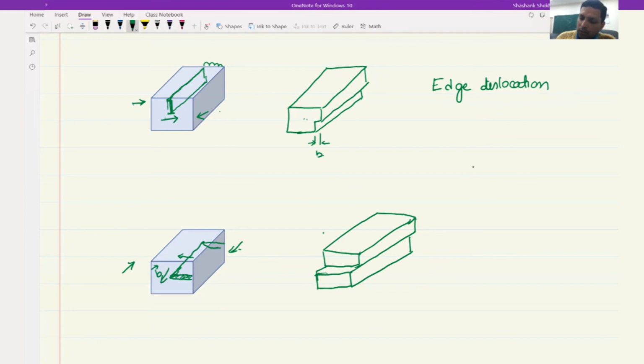So here, this is where the slip has taken place, and here this is the Burgers vector, equal to the Burgers vector, where the slip has taken place. So what it tells us is that the Burgers vector also defines the slip vector.